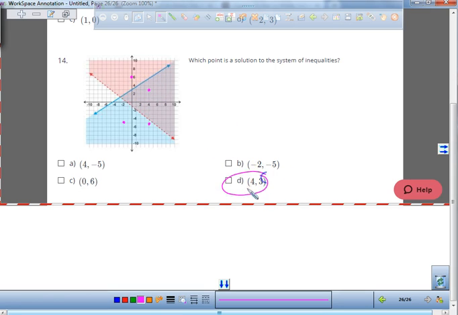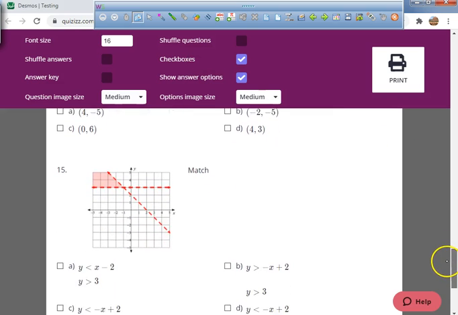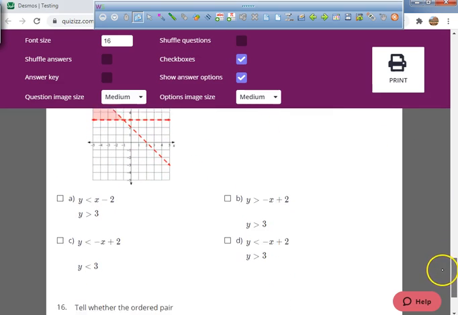There you go. I know these are kind of gimmies, all right? They're kind of gimmies. It should be that.